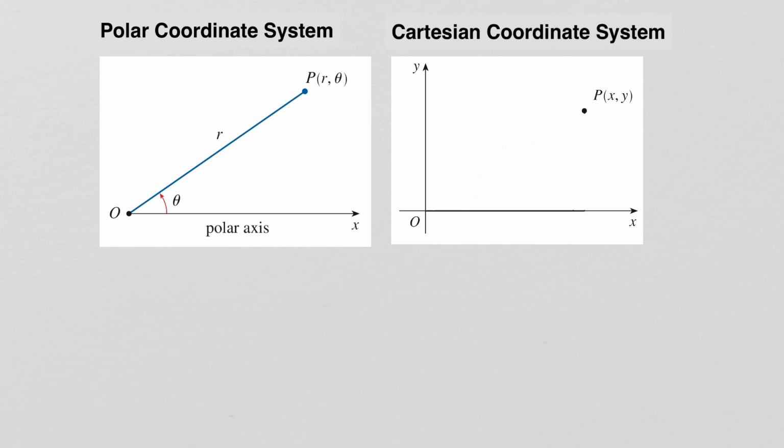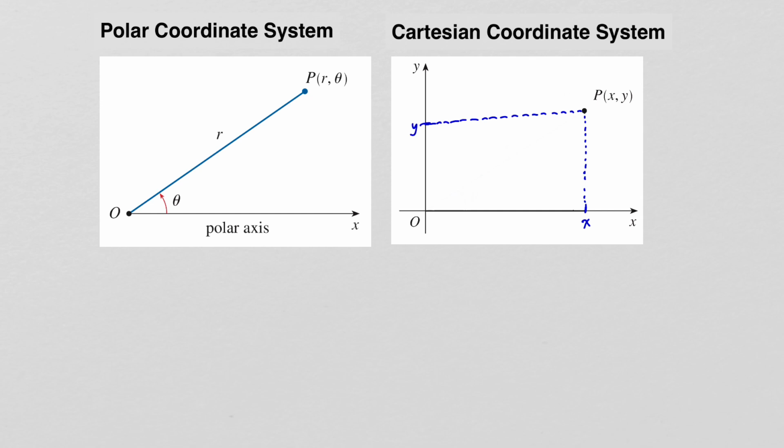The Cartesian coordinate system is the coordinate system that we've been using thus far in this course. So this is your typical x-axis and y-axis, and when you go to locate a point P in the plane, it will correspond to some value x on the x-axis, and it will correspond to some value y on the y-axis.